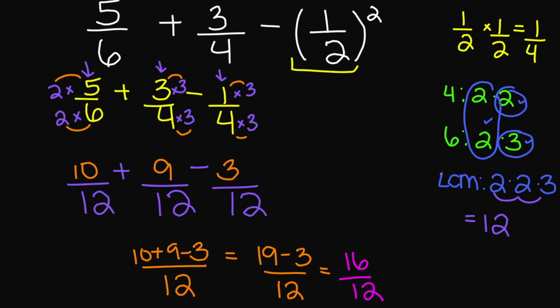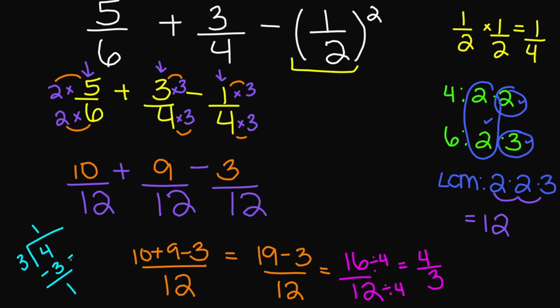And I could simplify the 16 over 12 because the number 4 goes into both. My numerator, 16 divided by 4, this is going to be 4. And then 12 divided by 4, this is going to be 3. Now, 4 over 3 is an example of an improper fraction, so let's go ahead and simplify that. So 3 goes into 4 one time. 3 times 1 is 3. 4 minus 3 is going to equal 1.